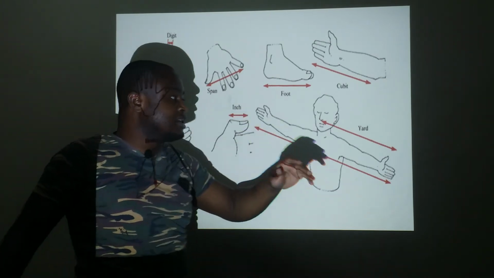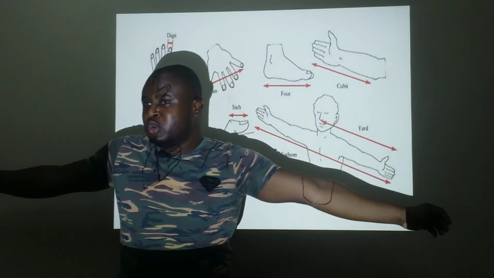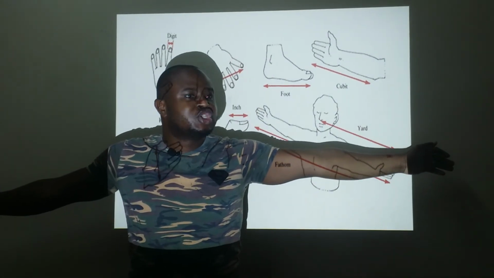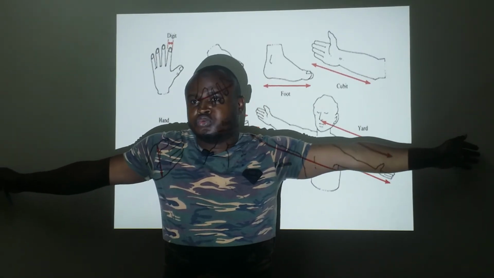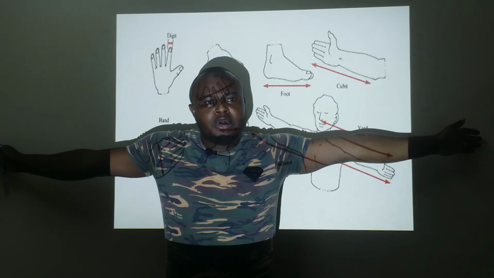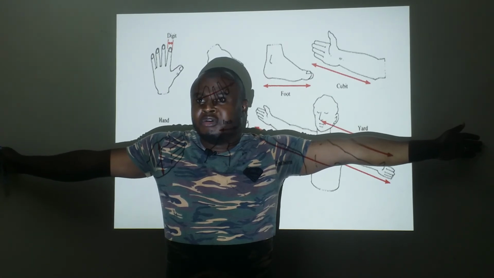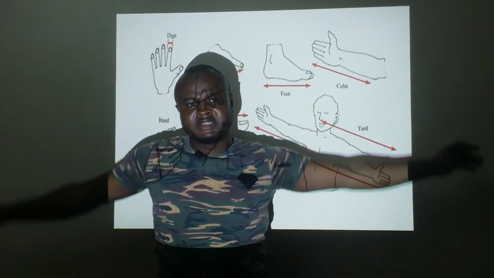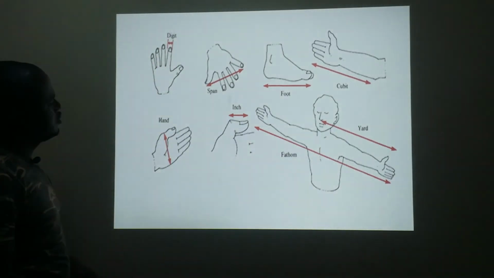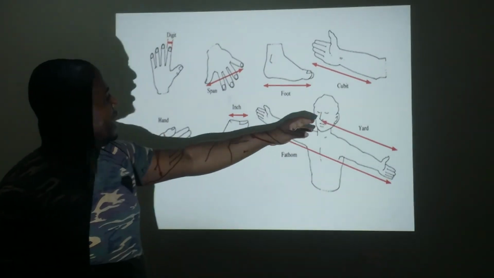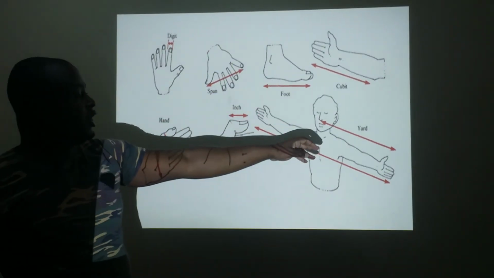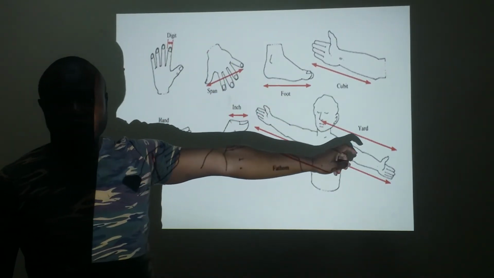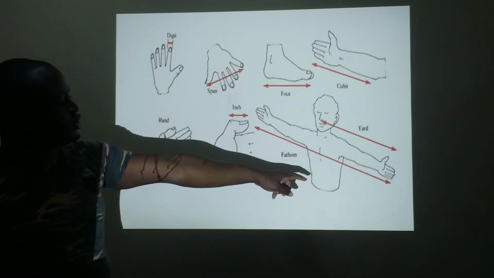In the class I told you that when you want to measure the size of your board, I display something like this to show how long or how big the board is. We use our arm. Sometimes when you go to markets to buy clothes, they use something like this.